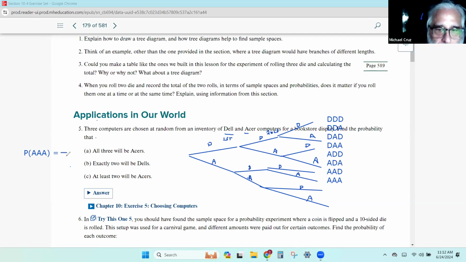Always look at your denominator first. That'll ease your mind if you can do that. Now, how many are all 3 Acers? Well, there's only one of those. So the probability of all 3 Acers is 1/8.